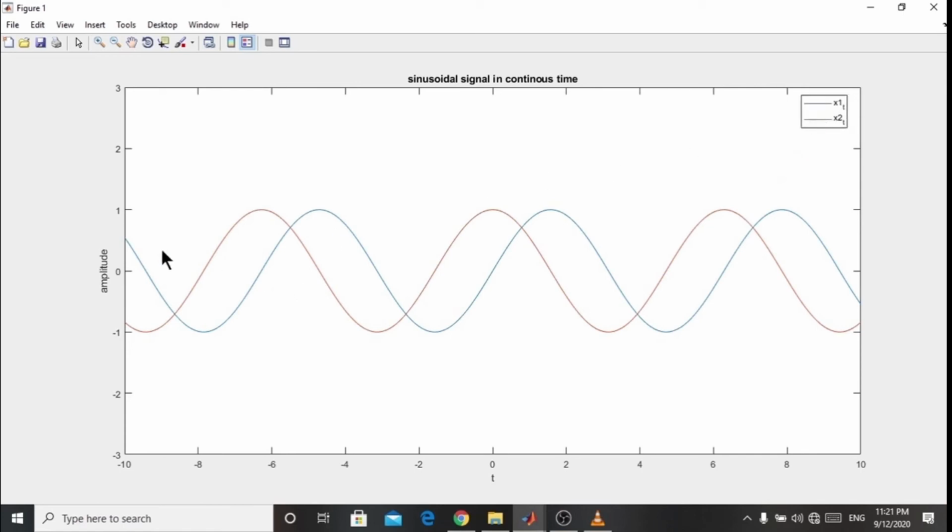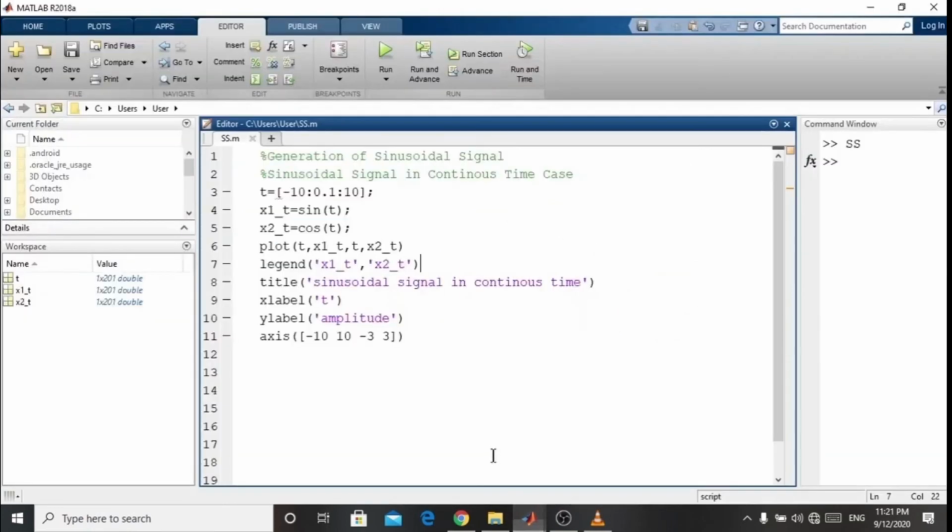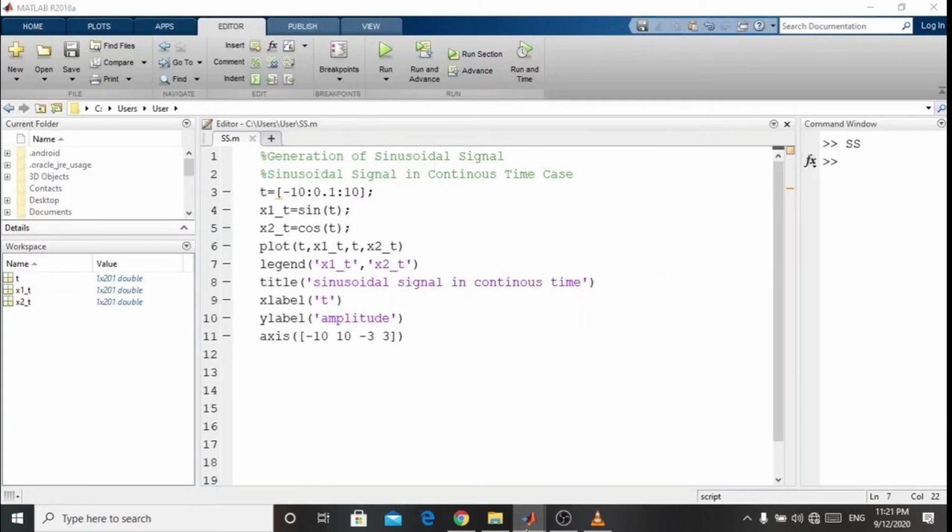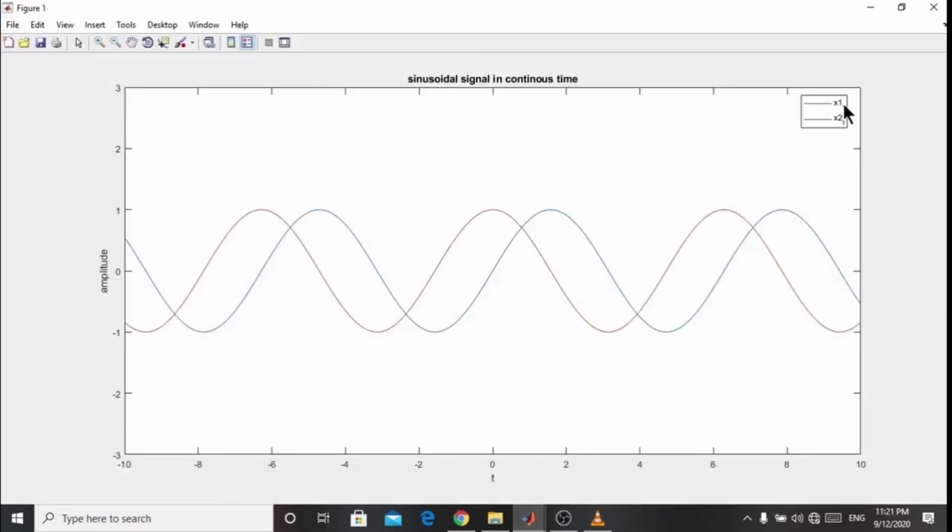That is, here the blue represents x1 of t and red represents x2 of t. In the command we have defined x1 of t as sine t and x2 of t as cos t. So in the graph we will get x1 of t, that is the sine function. This is a cosine function. Then let's see what is the relationship between sine and cosine function.